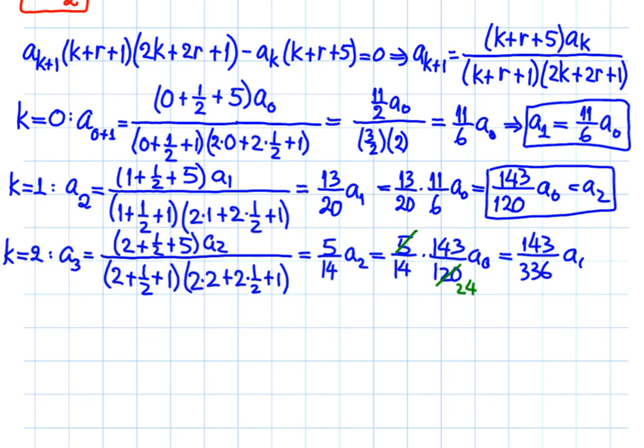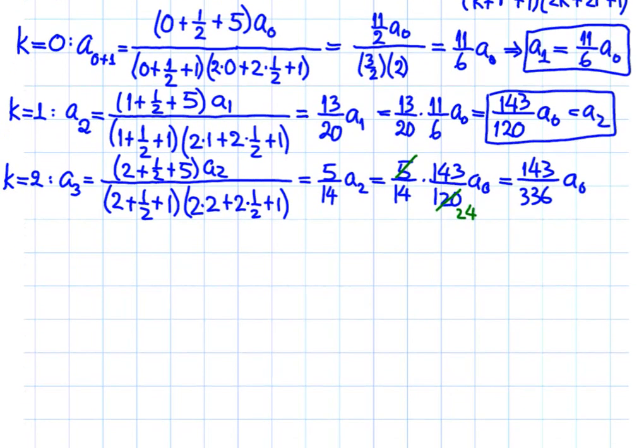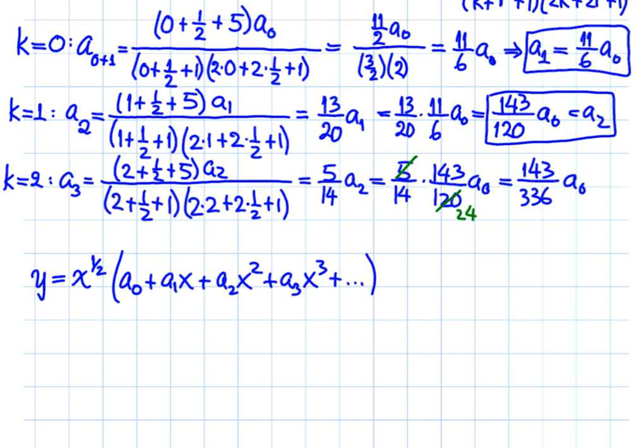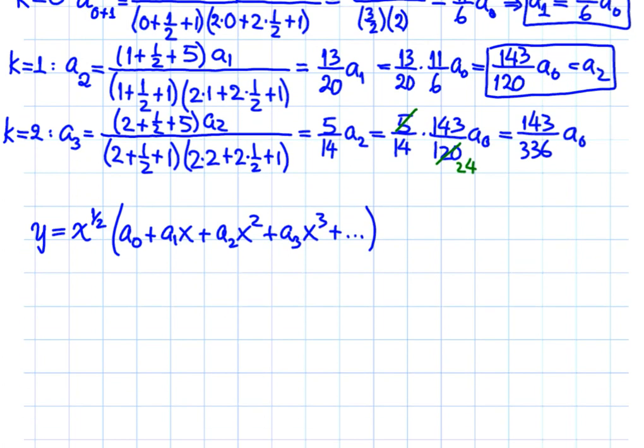Right. Again, that's just one solution. So we can write a solution as follows: y equal to x to the 1/2 times a naught plus a1 x plus a2 x squared plus a3 x cubed, which is x to the 1/2.